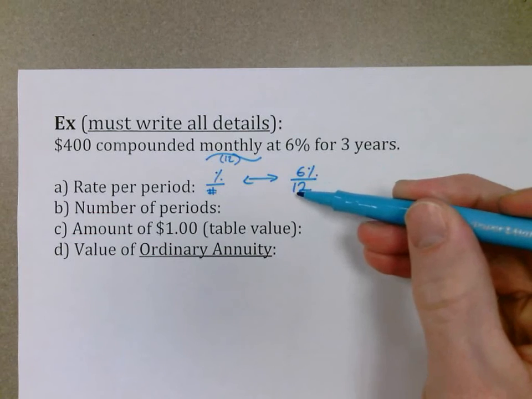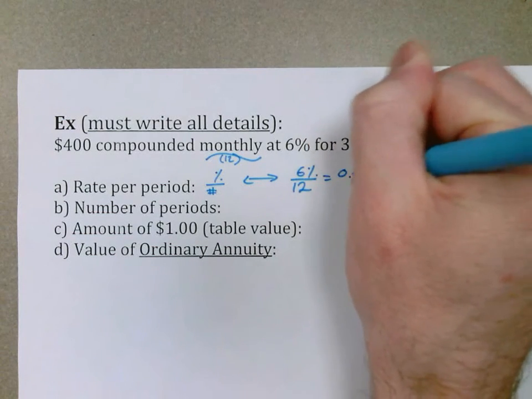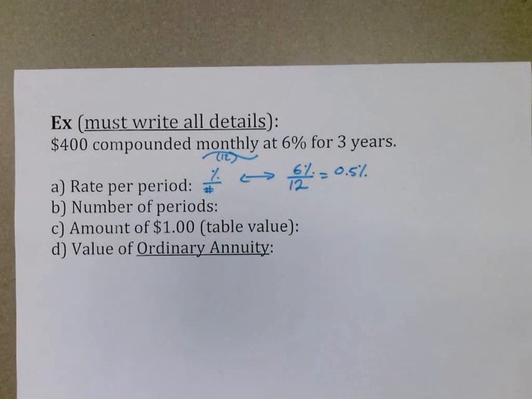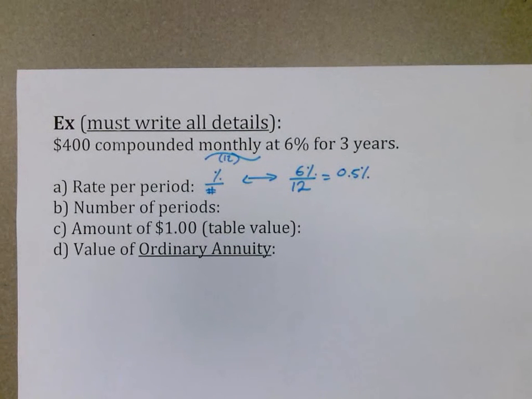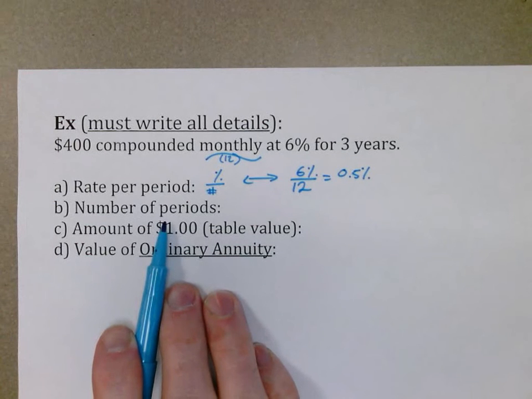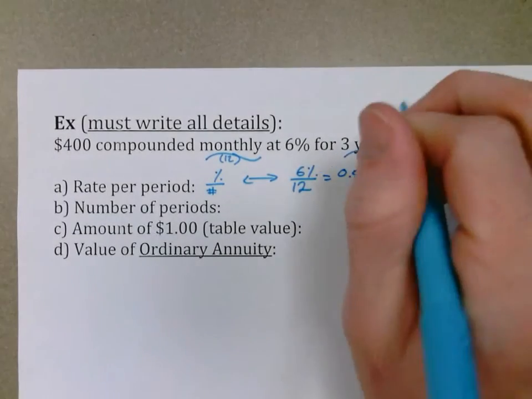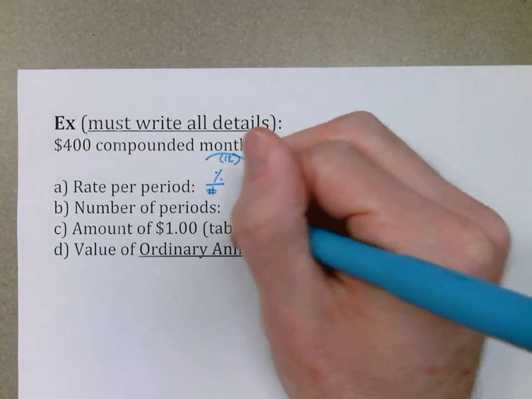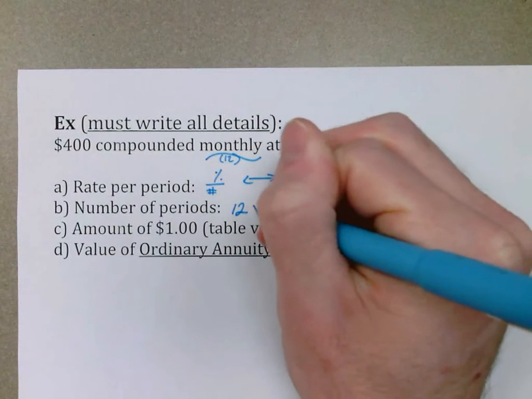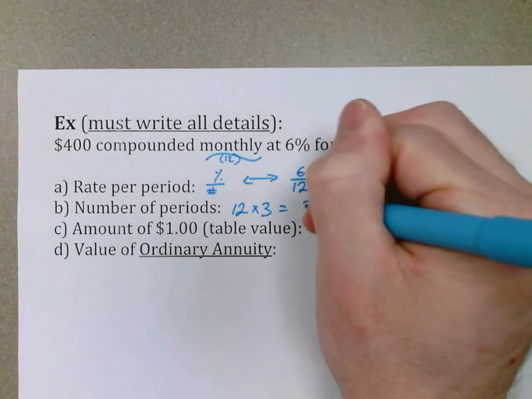We chose 12 because of the monthly, and this divides out to 0.5%. And again, that's the column that we'll be looking for along the top of the table. Number of periods. This is going to be 12 per year, and we want to analyze it over a 3-year period of time. So once again, 12 due to the monthly times 3, because we want to analyze this for 3 years, equals 36.